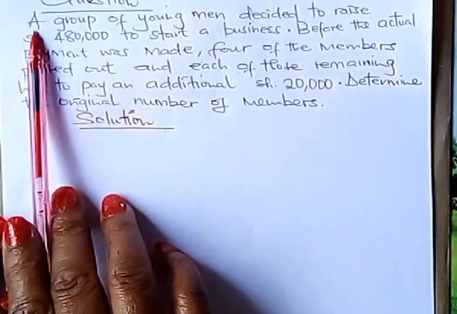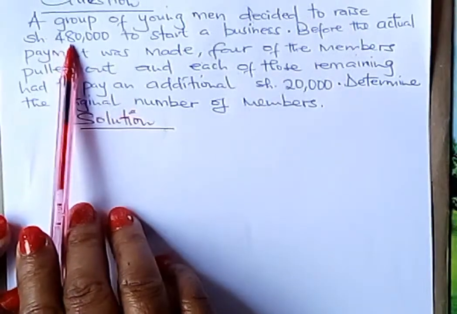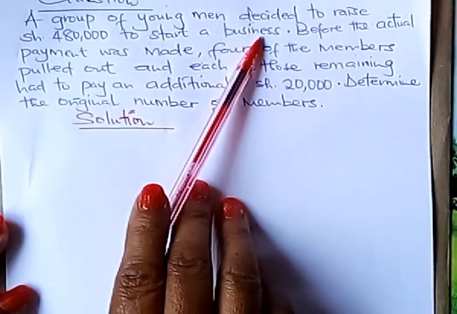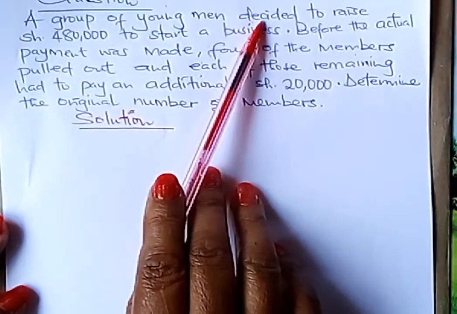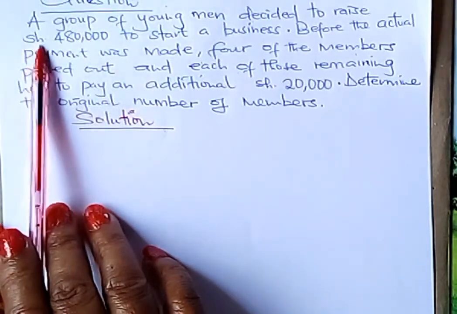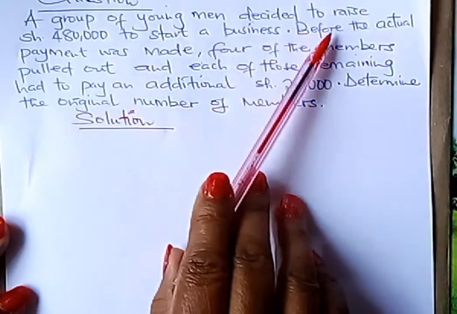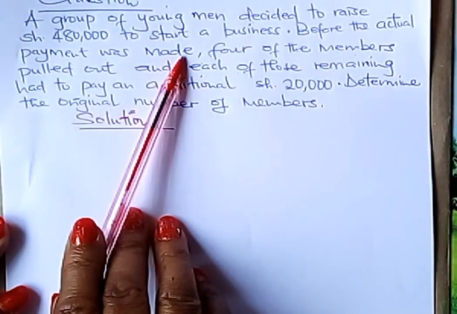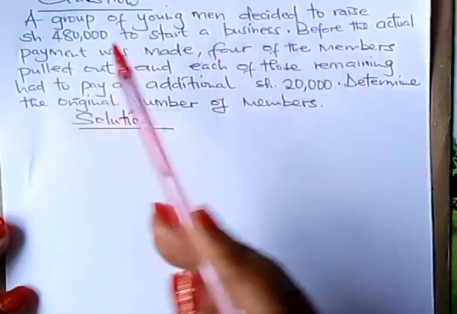Here is the question. A group of young men decided to raise 480,000 shillings to start a business. Before the actual payment was made, 4 of the members pulled out.